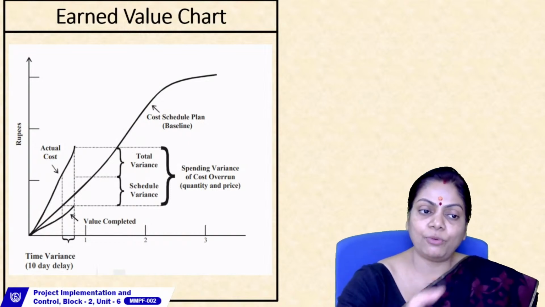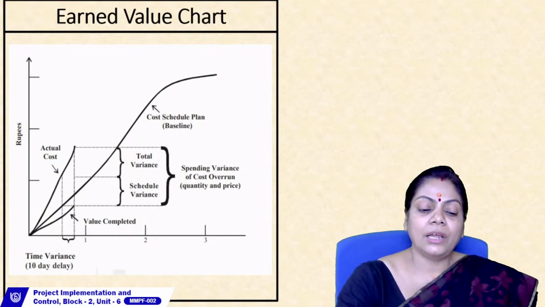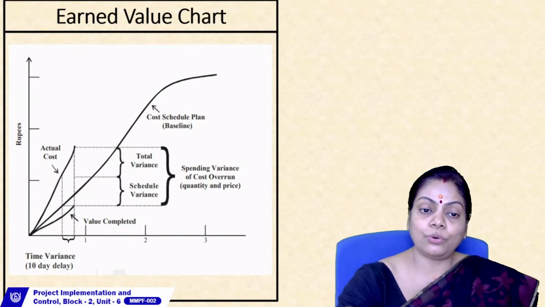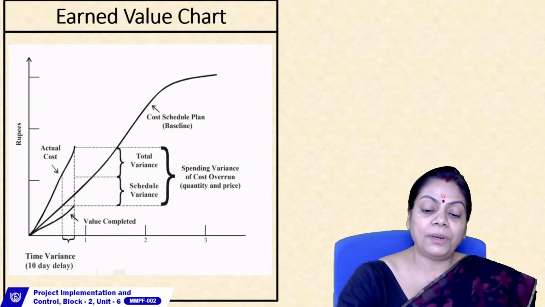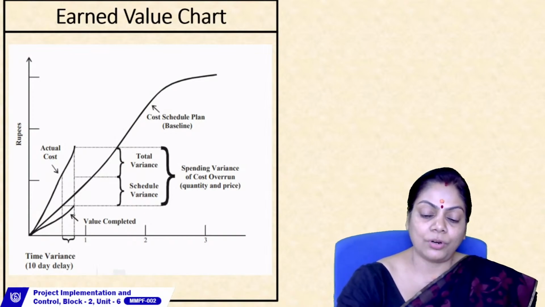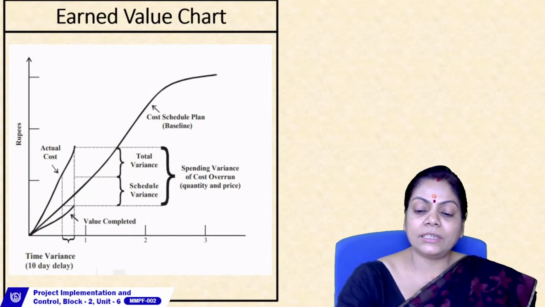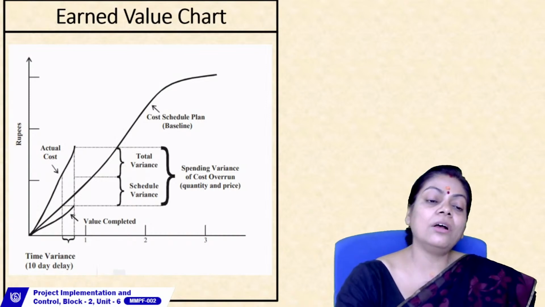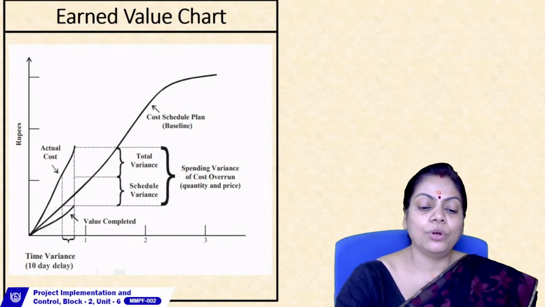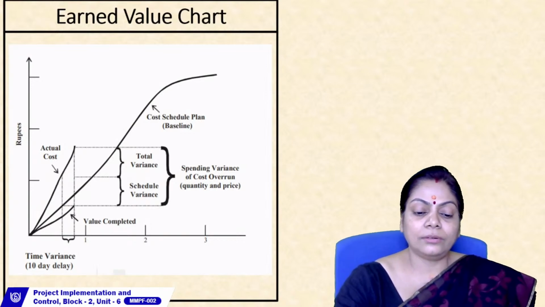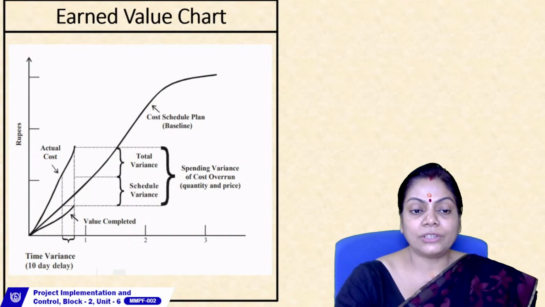The total spending variance is actually the cost less the value completed, the cost overrun. The schedule variance is basically the value completed less the baseline plan. And the total variance is the sum of the two, the actual less the planned cost. So that is the total variance.